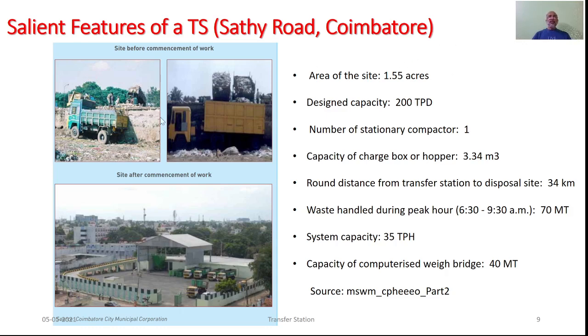In order to understand the theoretical part with some practical considerations, we can think of certain salient features of the transfer station physically existing at Sathi Road, Coimbatore, India.